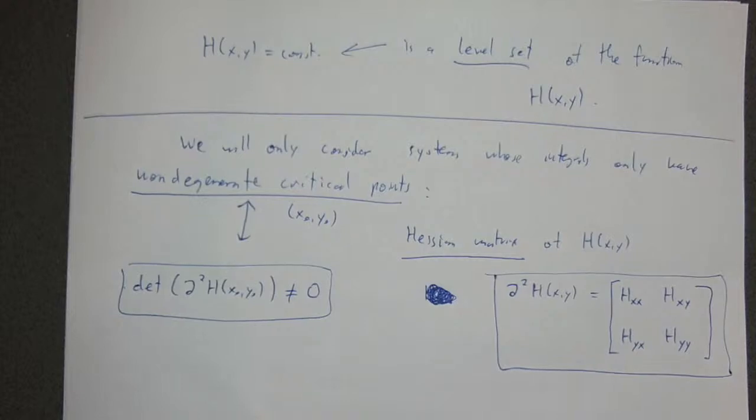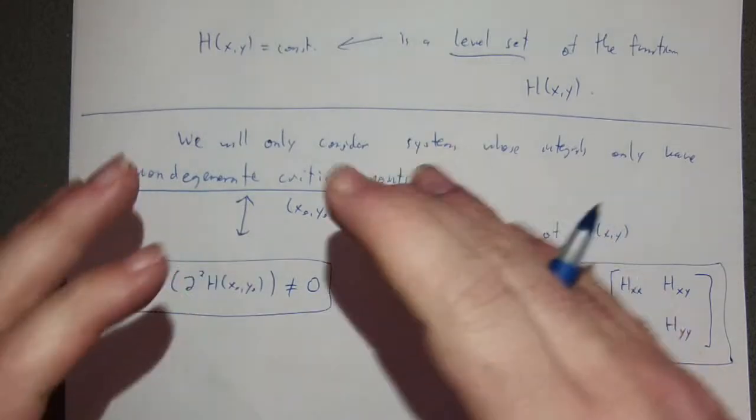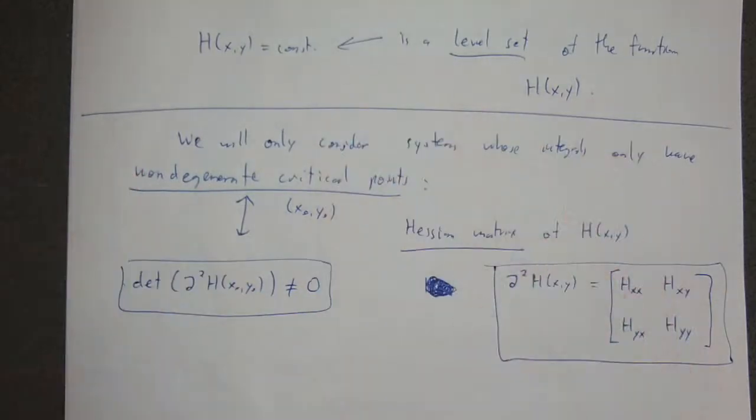Now, it turns out that if we impose this condition, so we're only considering situations when this is the case, then this gives us isolated critical points. If they're isolated, it means I can box them off, or wall them off from other critical points. They're not so clustered together that I can't separate them in any way.